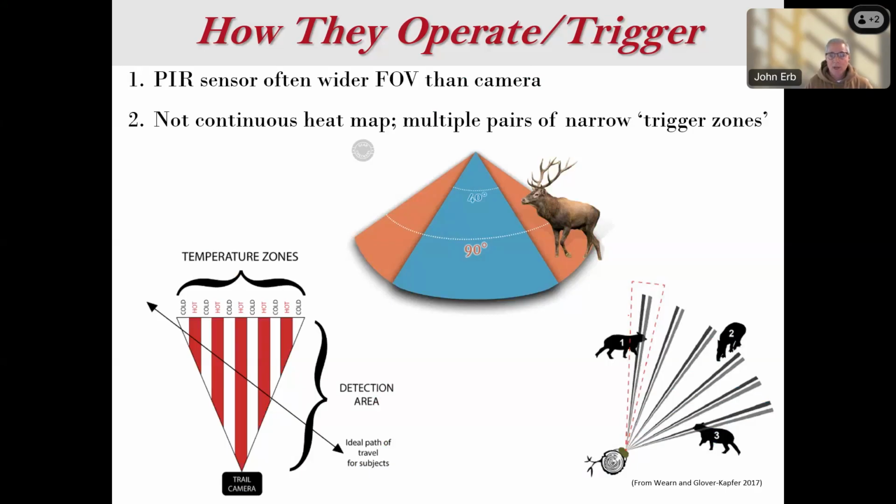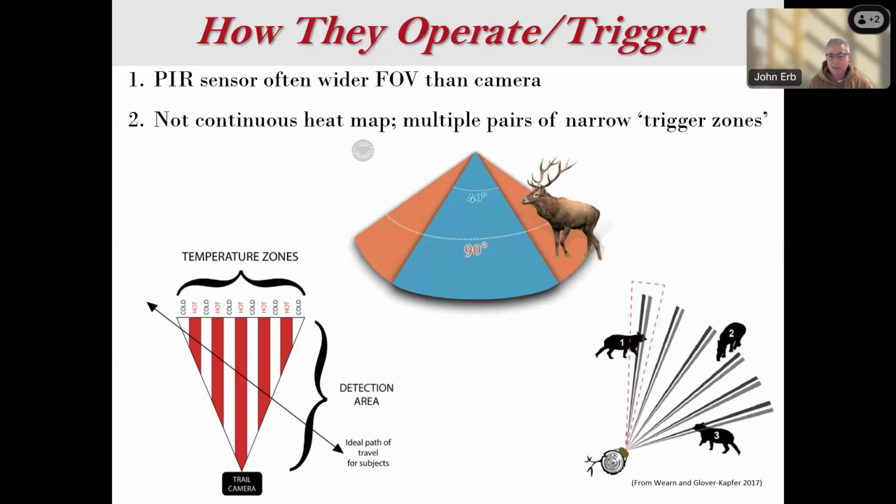What's true of most cameras is that the area that the sensor is monitoring, so in that top center photo, it'd be the orange cone area, is often larger than the actual field of view of the camera. So the camera, if it's triggered, it might just take a picture of what's in the blue area, but anything in the orange area could trigger it.